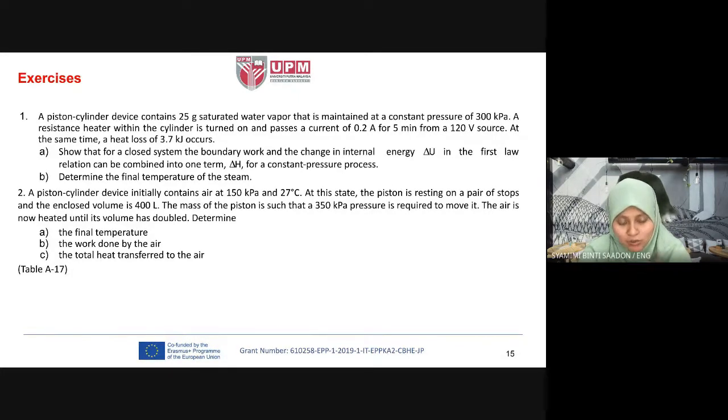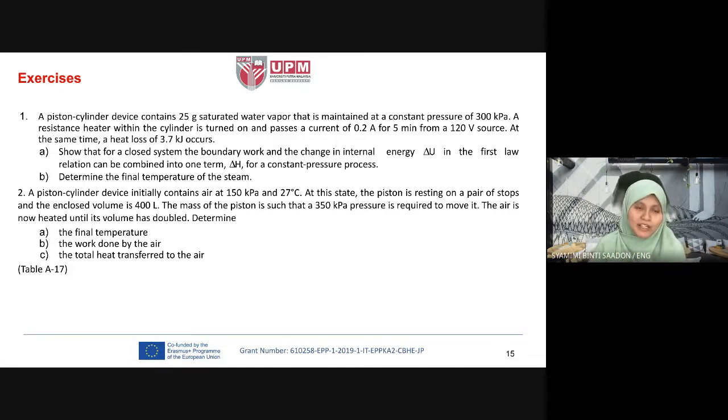That's why I say that towards this chapter, we apply all the theory concepts that we have learned in the previous chapters. Question A is not yet calculation, but you need to define the energy balance equation for this situation.